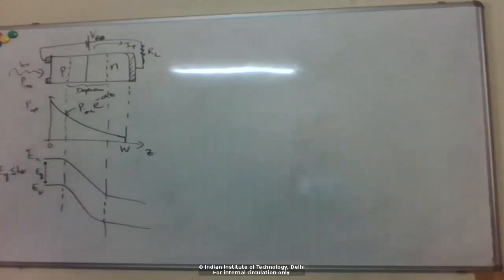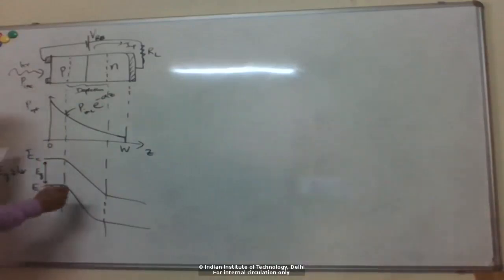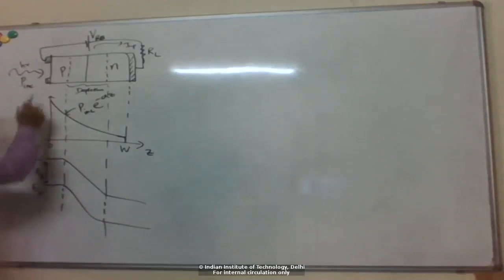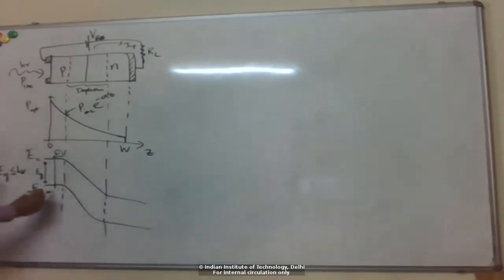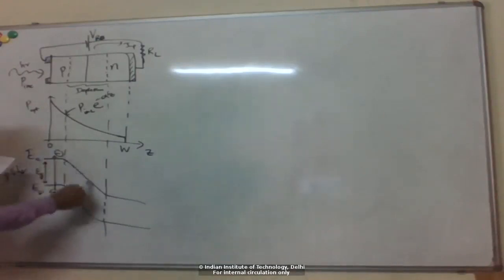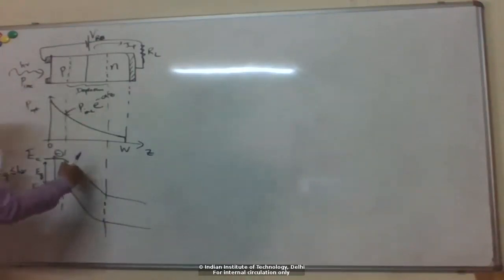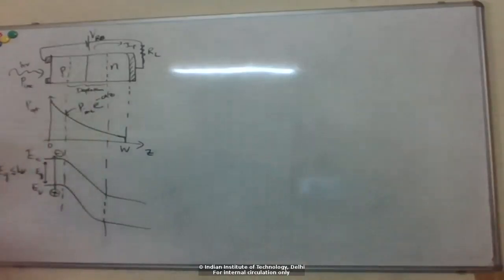So basically, what you're doing is, photons are coming in, right? So they excite electrons from the valence band to the conduction band, leaving behind a hole here, right? And now because of this electric field across the depletion region, which has been enhanced because of a reverse bias, right?